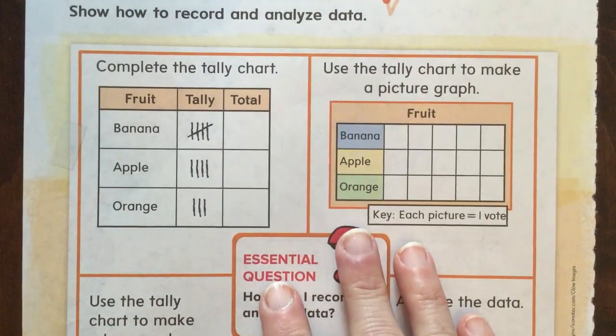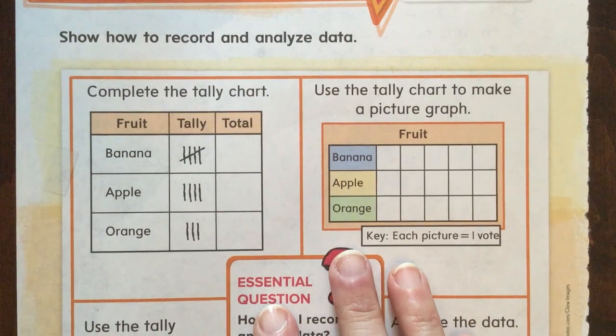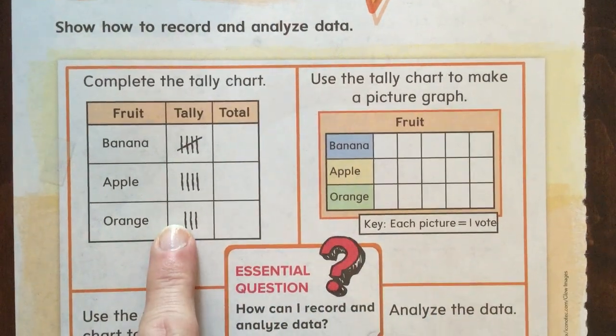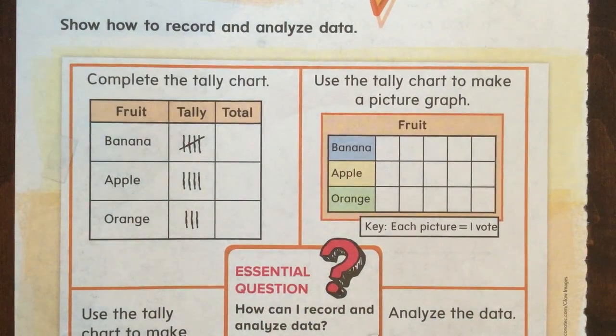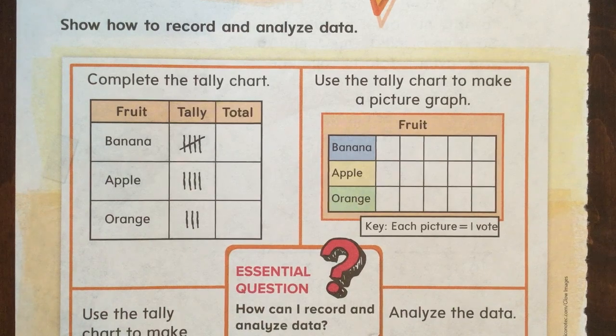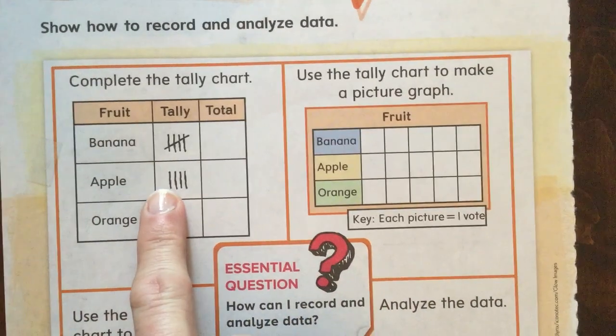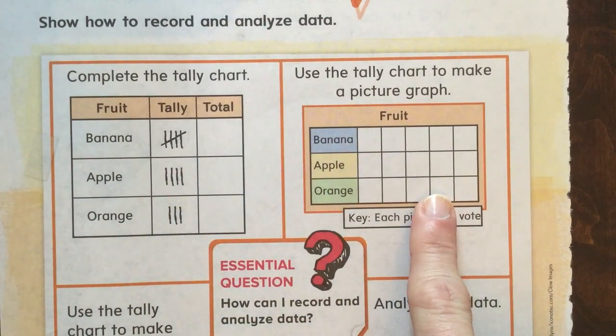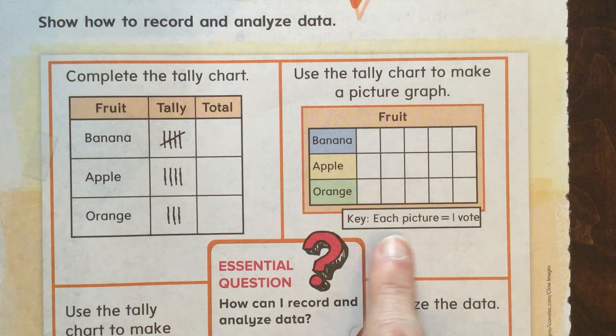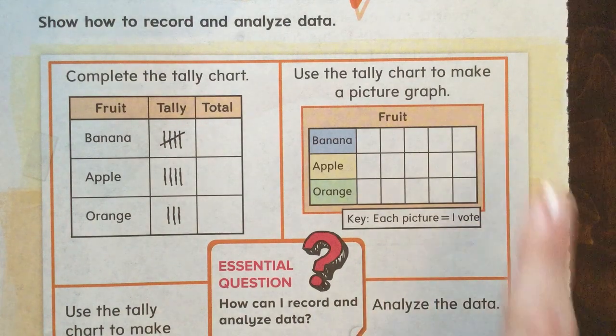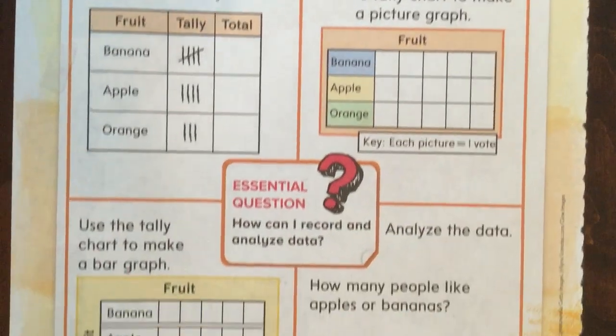Show how to record and analyze data. So the first one here, you're going to complete the tally chart about fruit. We have the banana, the apple, and the orange. Then you're going to use this tally graph to make a picture graph over here. Each picture equals 1 vote. You can choose whatever you want to do for your pictures.